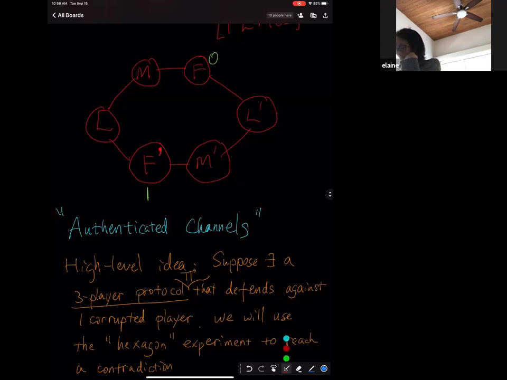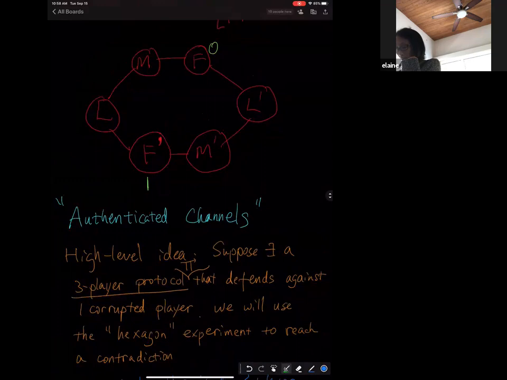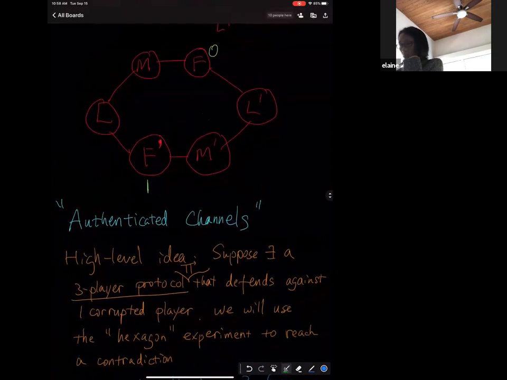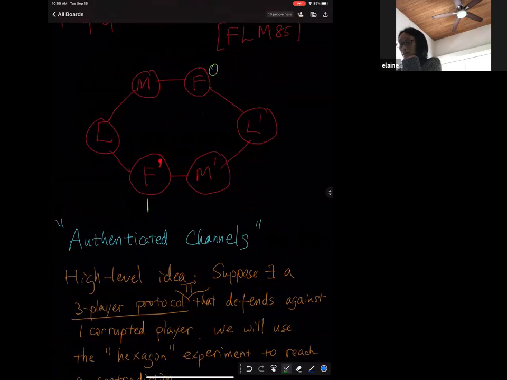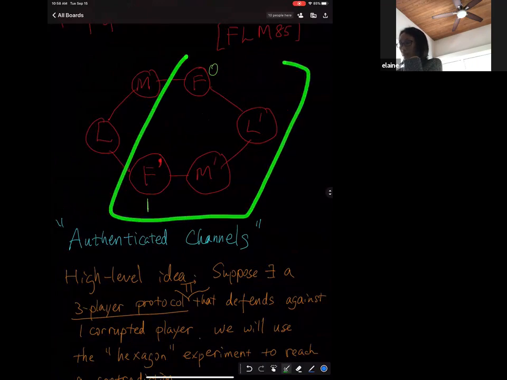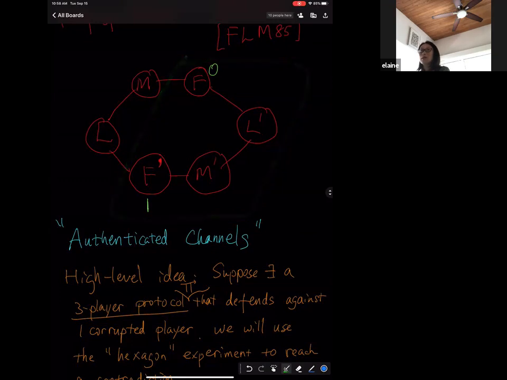So one way to view it, let's go over interpretation 1 again. In interpretation 1, we are viewing it as a 3-player execution, and there are 3 players, essentially F, L, and M. But F is the corrupt player, right? A corrupt player doesn't have to execute the honest program. It can execute any program.